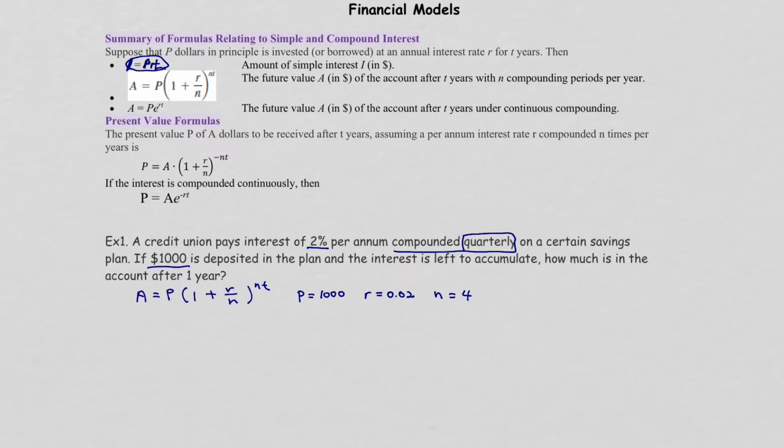So it will be 4. Time is after 1 year, so it will be 1. And when we replace all those values into the formula, we have 4 times 1, right? That's what we have. So we start from the inside out.